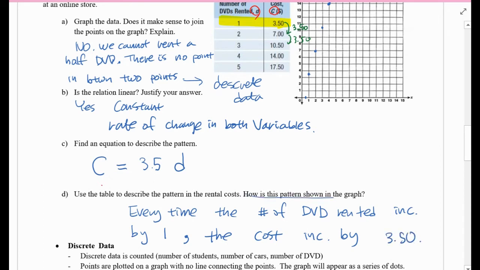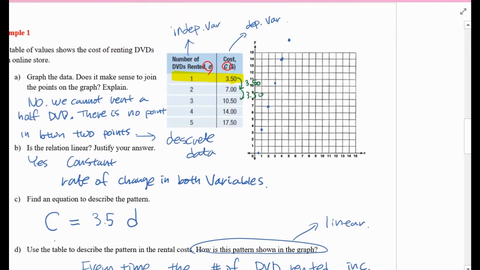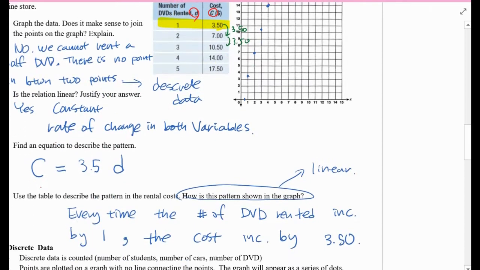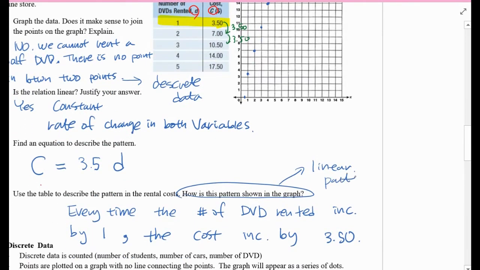And how is this pattern shown in the graph? Linear. So it shows a linear pattern. A linear pattern, a straight line.